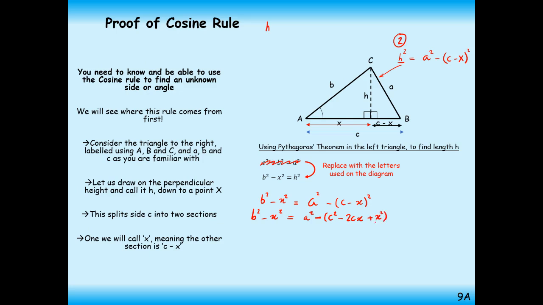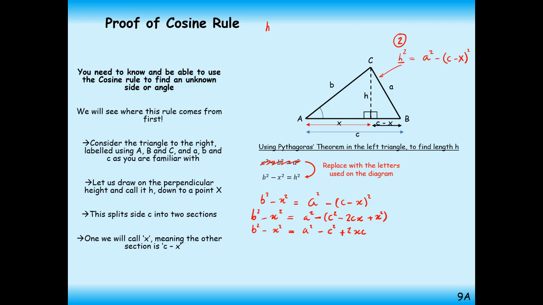Don't forget, when you expand this bracket on the side, you get a positive x squared. But that minus outside the bracket will have to be distributed. So I'm going to leave the left side of this equation as it is. Here we've got a squared minus c squared minus 2cx. Now that will become a plus 2cx.